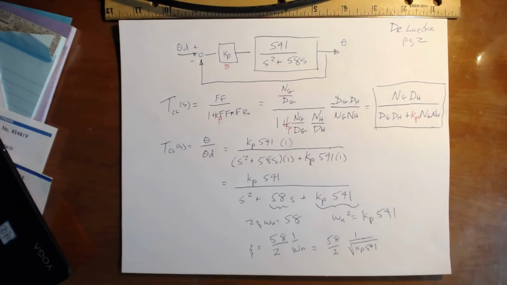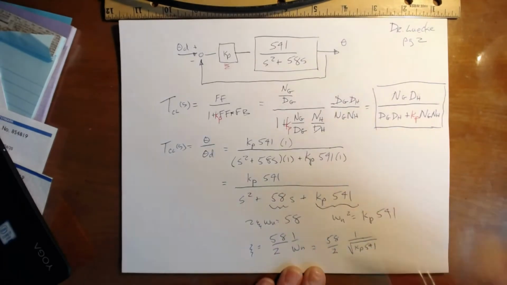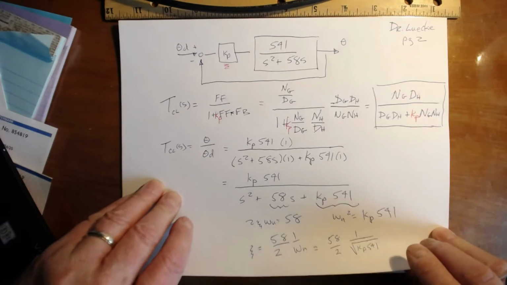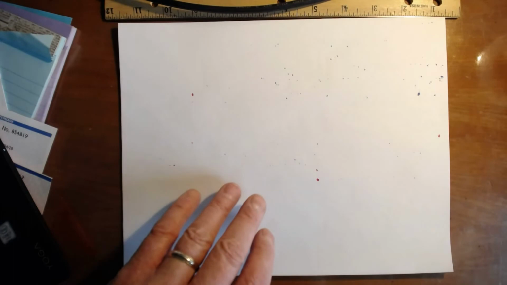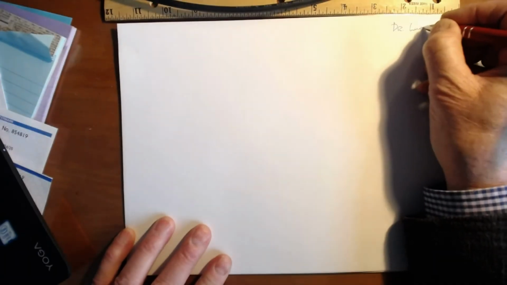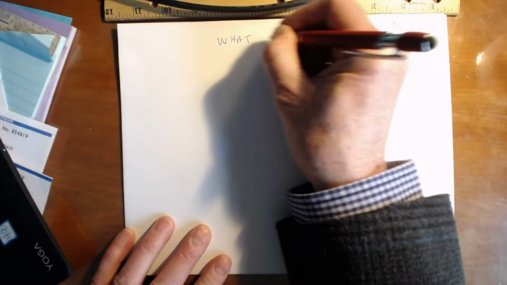So I might ask myself, what does the closed loop response look like? And since I know that the closed loop response is basically governed by the damping ratio and the natural frequency, then I'd like to find out what the damping ratio and natural frequency are. So now I have to say, what is S?